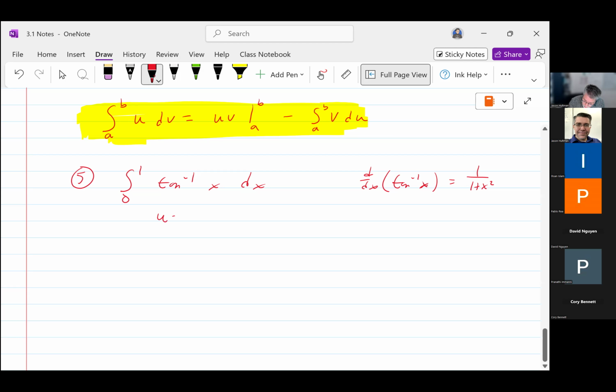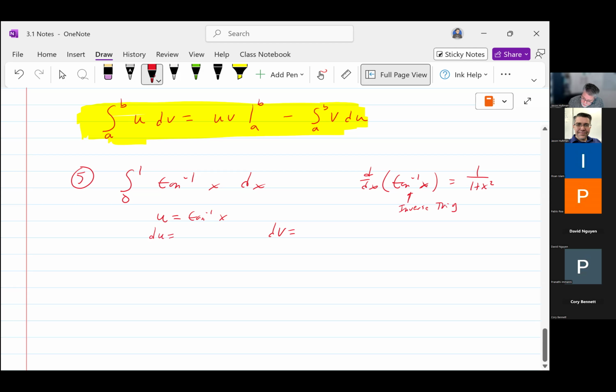So u and dv, what should be my u? Using LIATE, this is an inverse trig function. What comes first, inverse trig or algebraic? Inverse trig comes first, so we're going to turn this integration into a derivation.